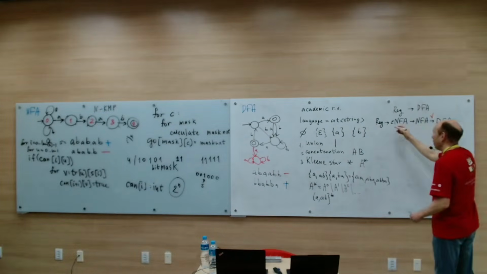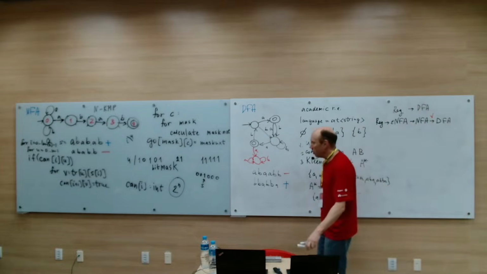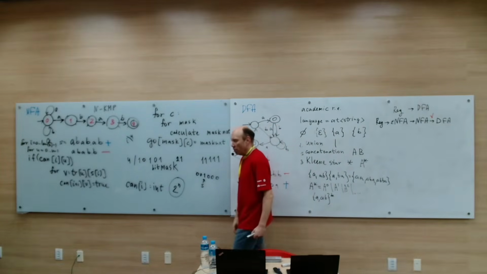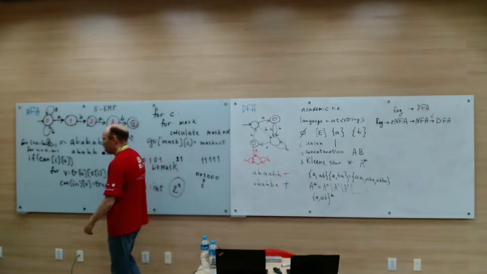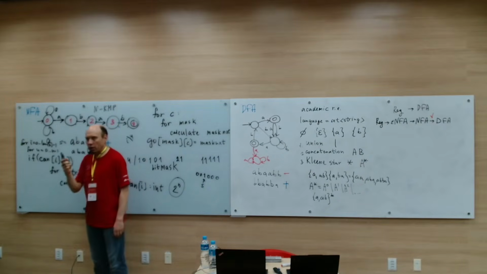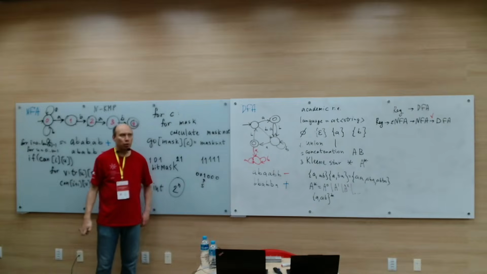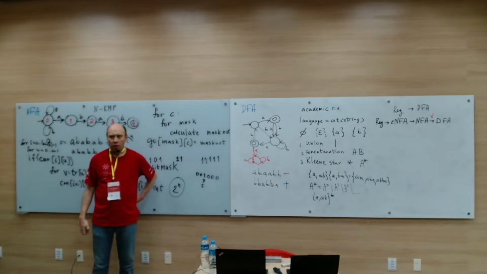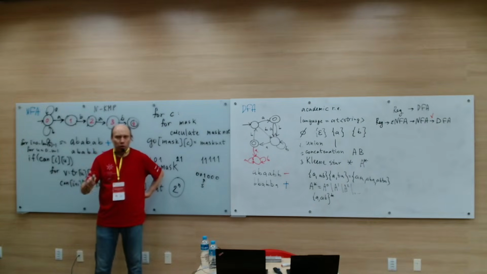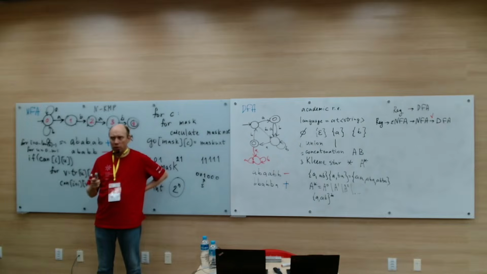Now, what is epsilon NFA? Epsilon NFA is similar to NFA, but it also allows transitions not marked by any letter. These are not wildcard transitions, but empty transitions. You can go by this, but do not skip any characters in your string.